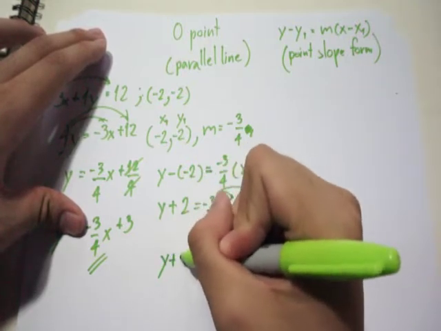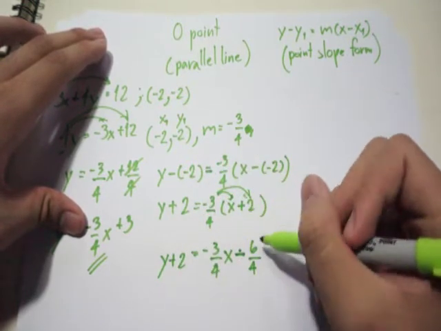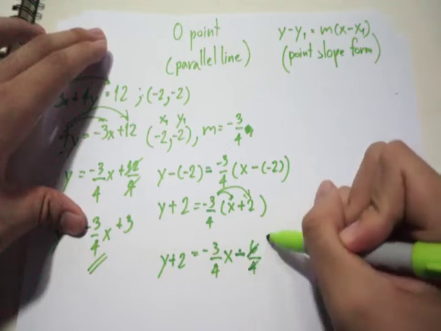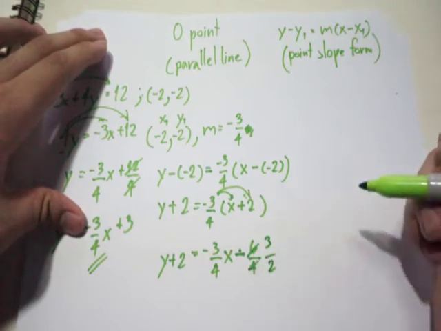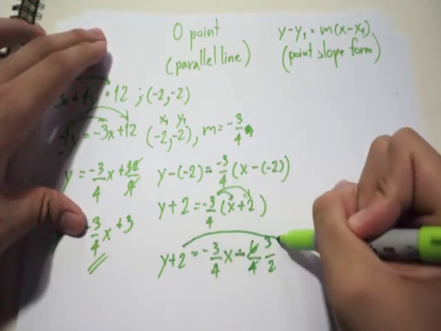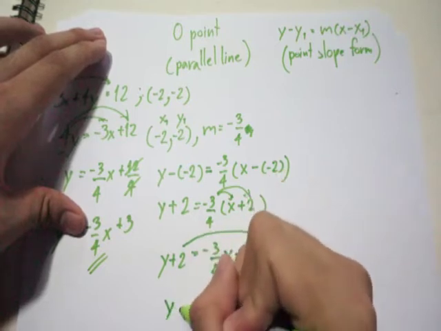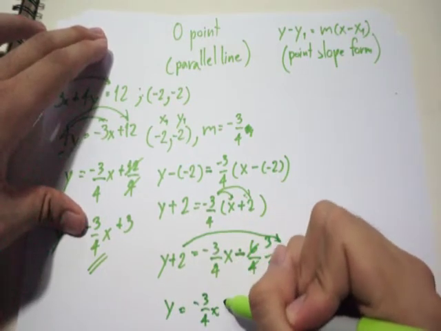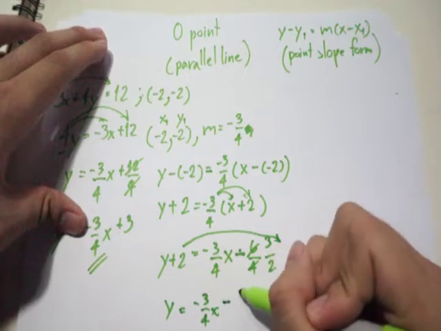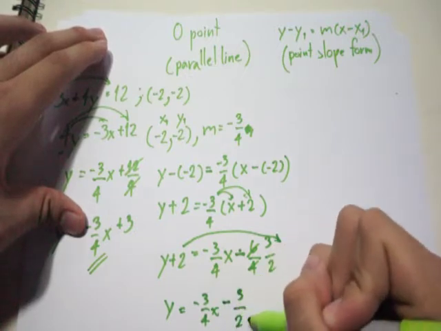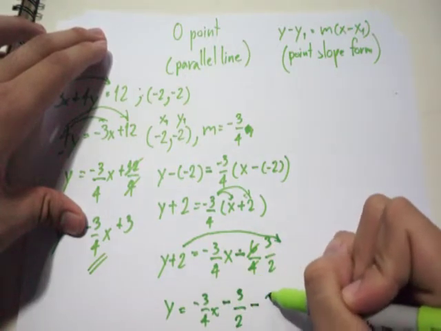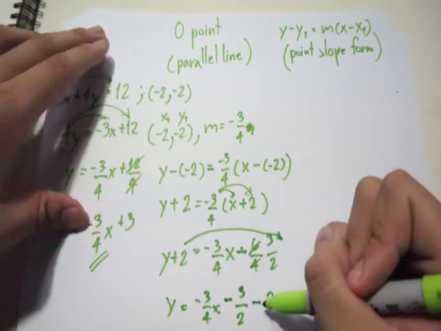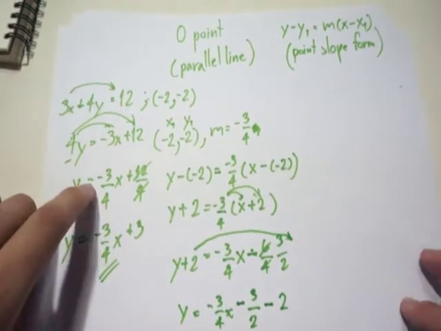And since this is divisible, it will be 3 over 2. And we're gonna move 2 to this side. y equals negative 3 over 4x and negative 3 over 2, then subtract 2. Sorry, not divide, subtract by 2.